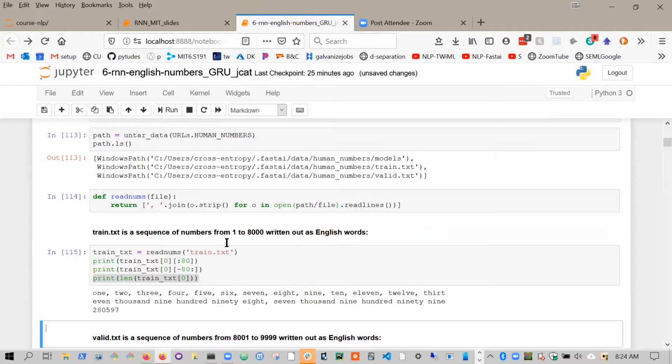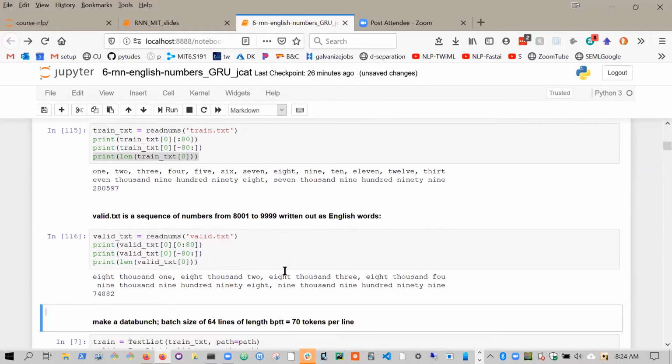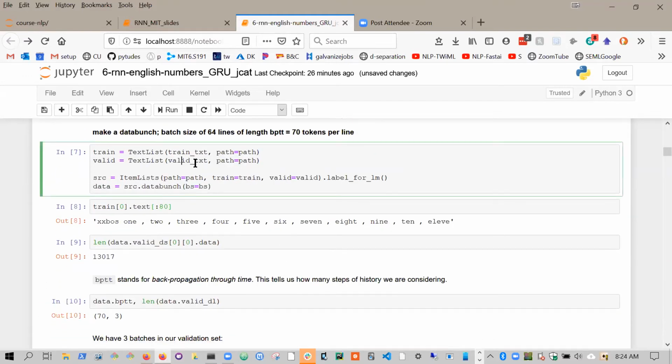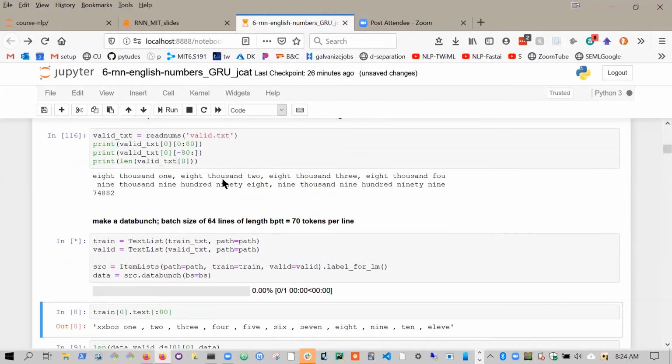The training set turns out to be the numbers from 1 to 8,000, and the validation set turns out to be the numbers from 8,001 to 9,999. So the first thing that you can do is make a data bunch. And it looks like the default, we've already set the batch size.